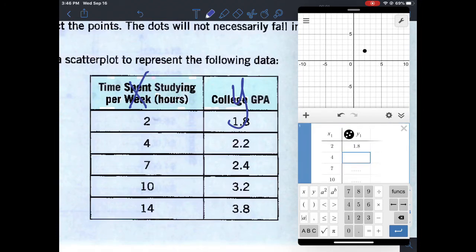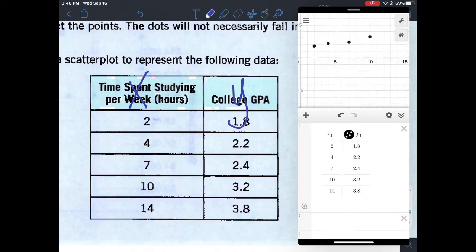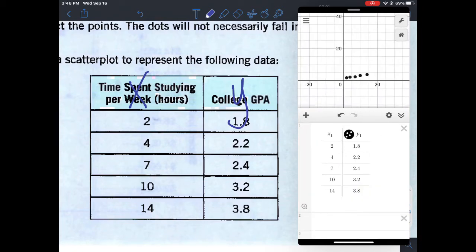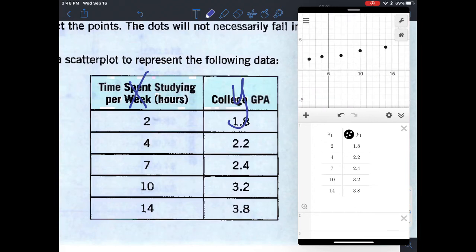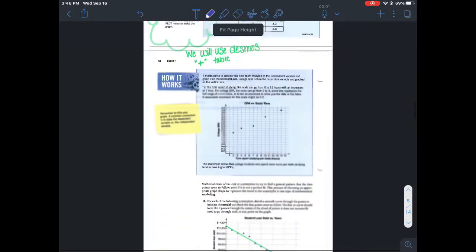I'm going to go 1.8, 2.2, 2.4, 3.2, 3.8. And then I can see if I zoom in and out, I can zoom out really far, I can zoom in further. All of my points are there. The scatter plot was created for me. Super easy, super nice. Love Desmos. Okay. That's enough of that.